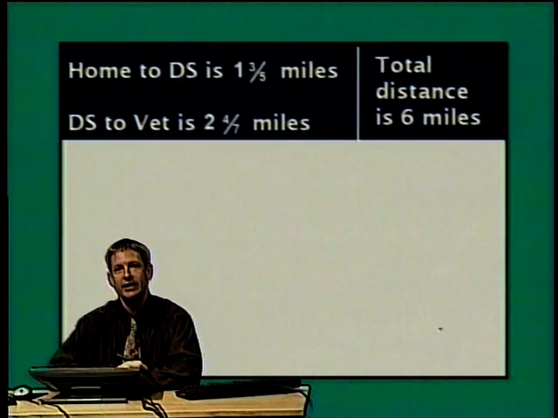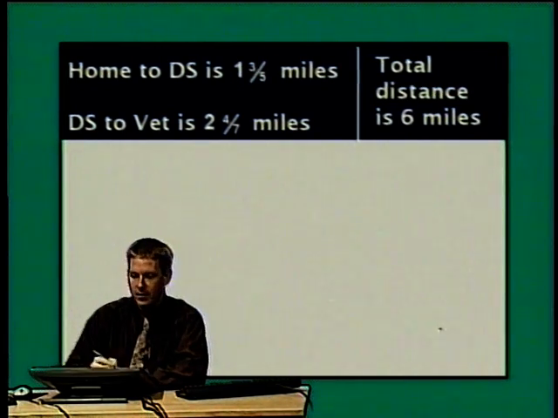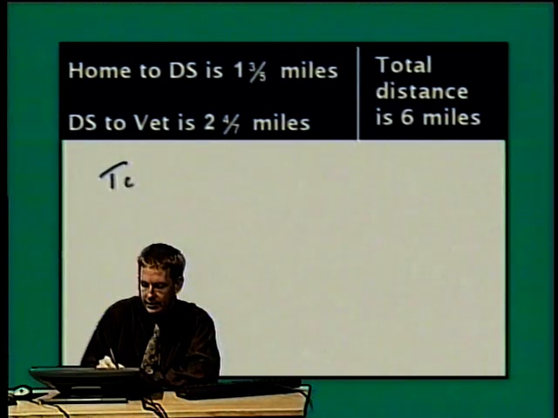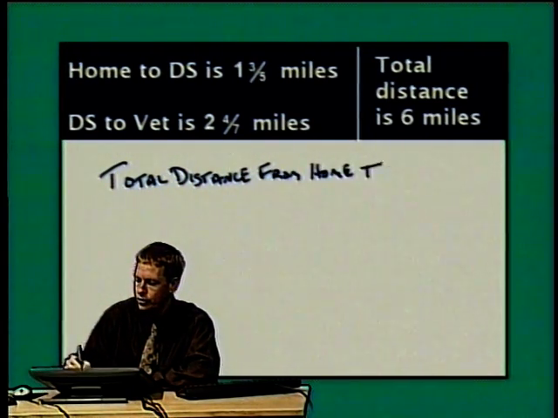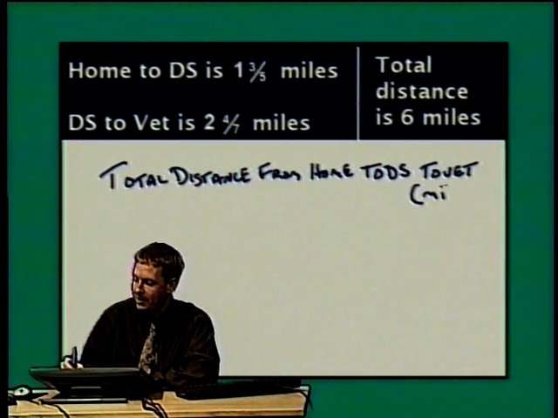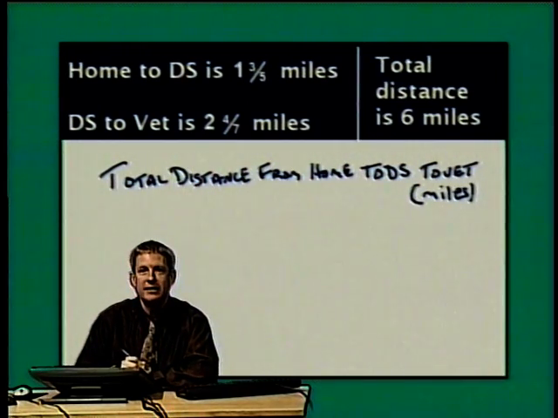The first thing that we need to calculate is the distance from Sandy's home to the drugstore to the vet. So I'm just going to write down the total distance from home to the drugstore to the vet, and I'm going to remind myself that we're measuring these distances in miles.